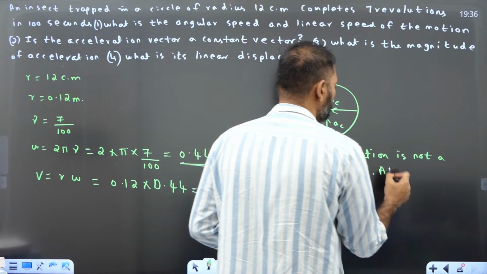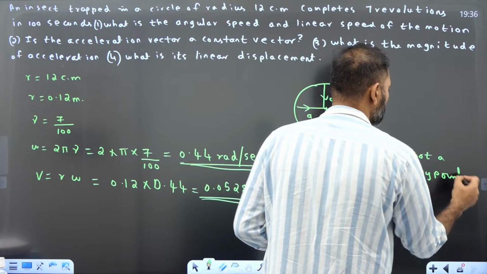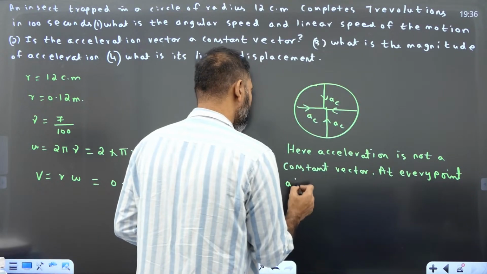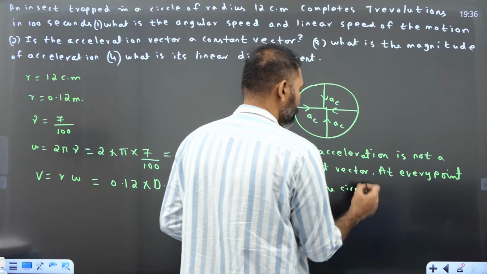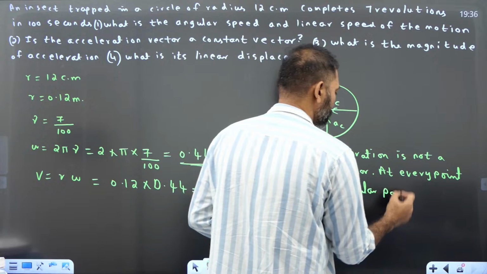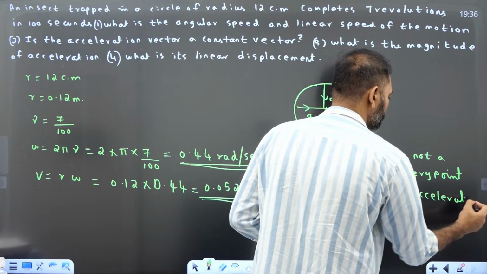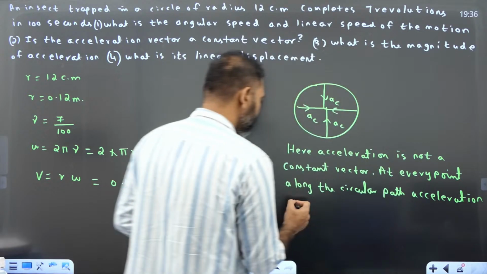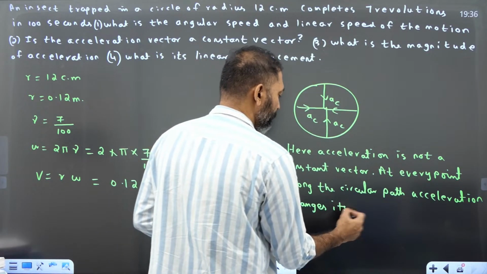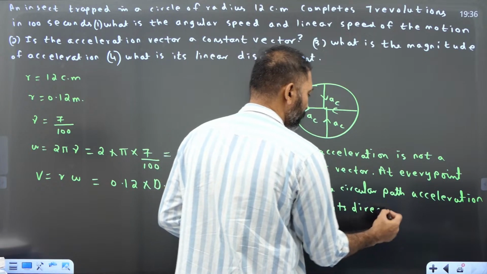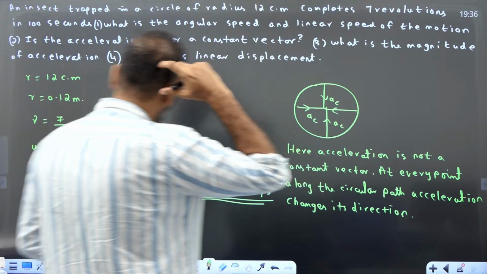At every point along the circular path, acceleration changes its direction. So acceleration is not a constant.